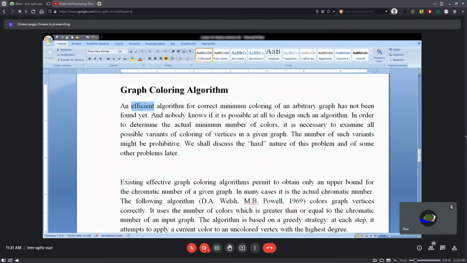They are trying to find one, but it was found that if somebody finds an algorithm that solves a problem like this graph coloring problem, then that algorithm with certain modifications will be able to solve any other problem from the set of hard problems, and the number of hard problems at the present moment is about 2,500 or 3,000.